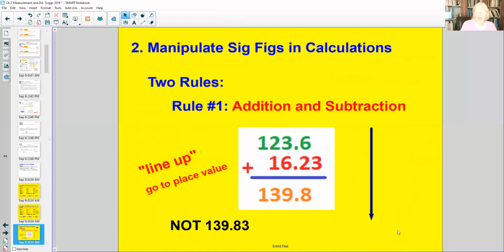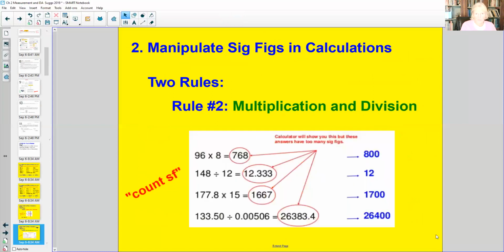So when you add or subtract numbers, see this arrow? You go to, you can move it, you go to the place value of the least significant measurement. So I can only write my answer to the 10th place. When you multiply and divide, you have to look at the 2 numbers that you're using and only write the answer to the number of significance as the least significant measurement.